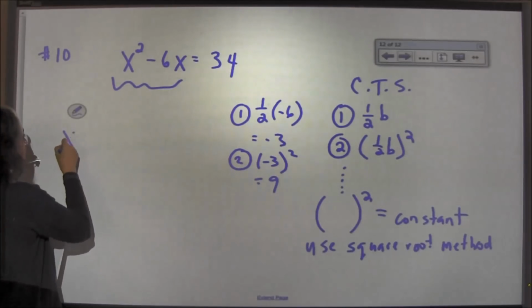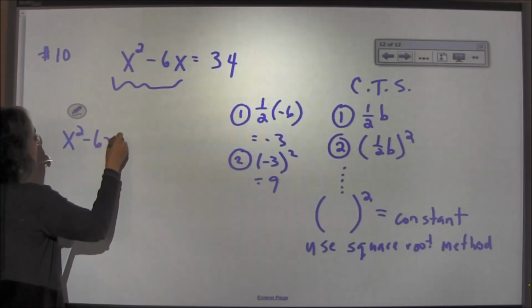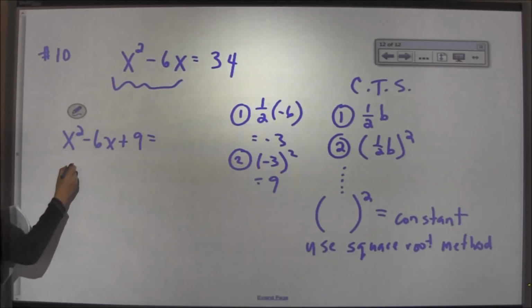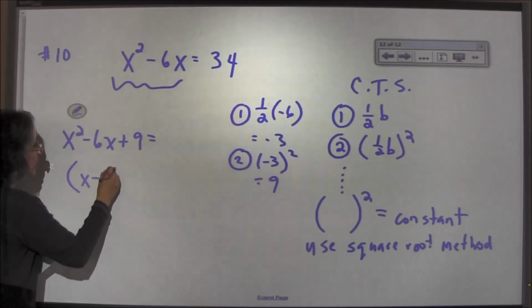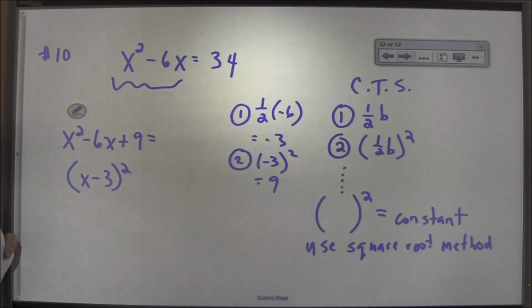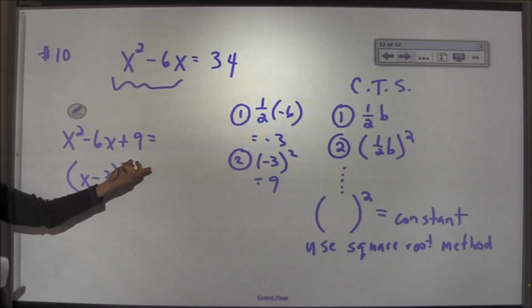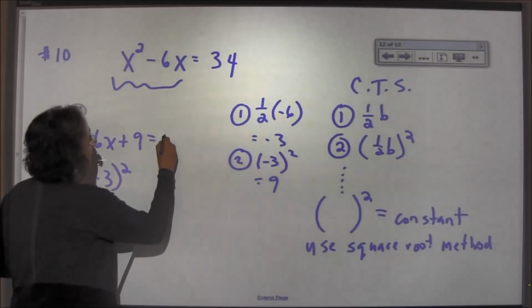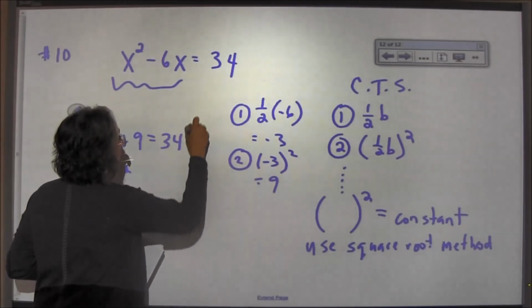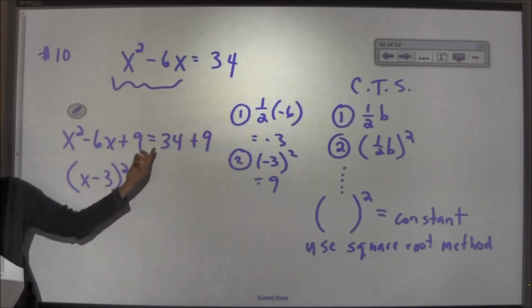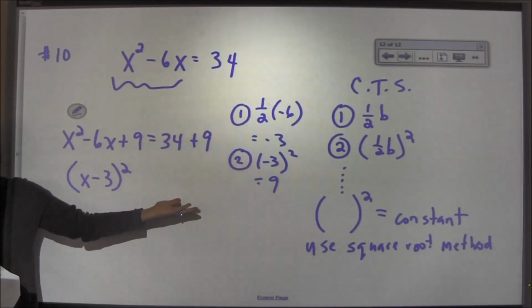That is the number that turns the left side into a perfect square trinomial that factors as a binomial squared. That's the whole point. But I can't just add 9 just because I want to. I've got to keep things balanced, right? I had a 34 over there. So if I add 9 to the left side, I've just got to add 9 to the right side also.